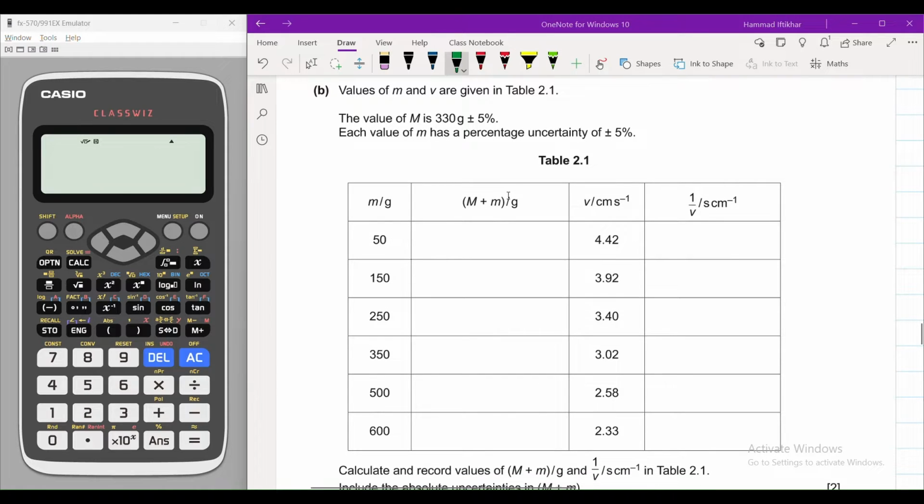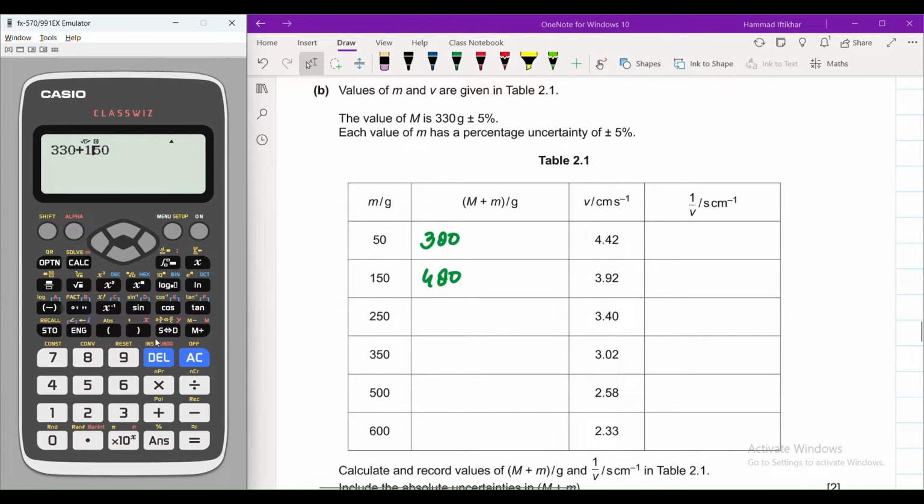So for M plus m, we are going to add 330 to all of them. 330 plus 50 is 380. We'll deal with the uncertainty later on. Then 50, 150, 480.